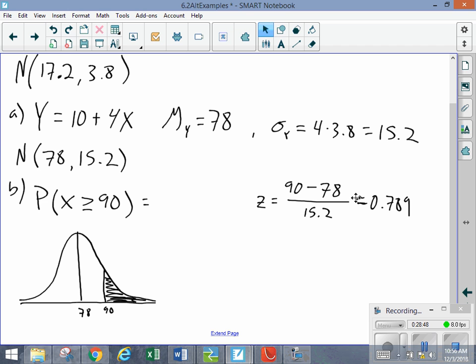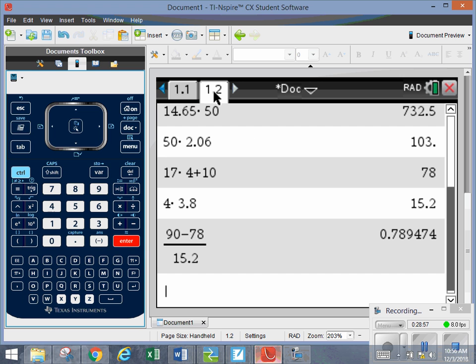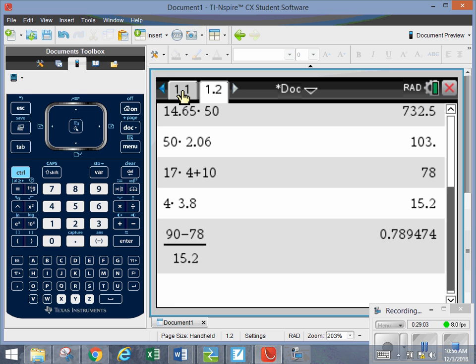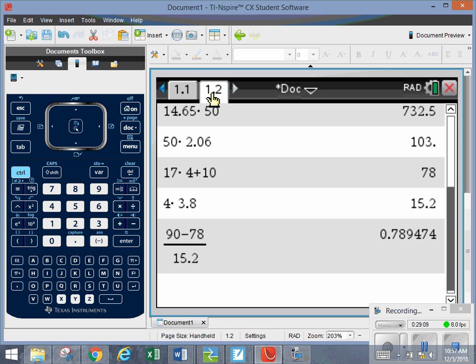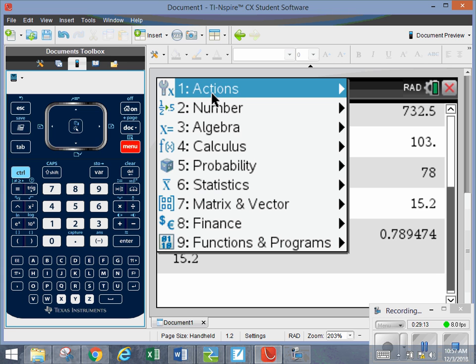Now, of course, you can go to your table. You can find that proportion, and that would give you the probability. But since I don't have my table handy, I'm going to use my calculator. I'm going to hit menu, and I'm going to hit probability.